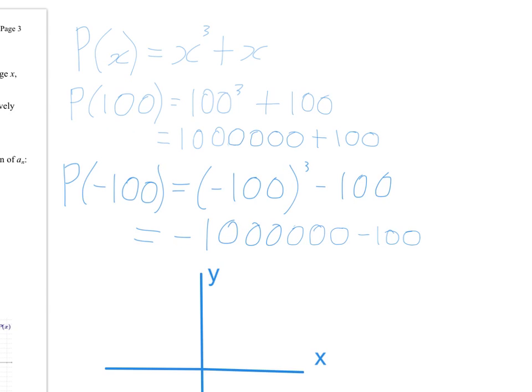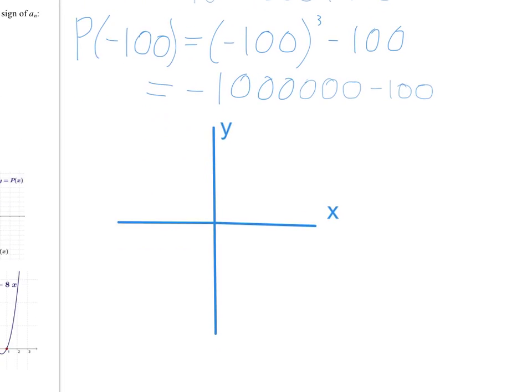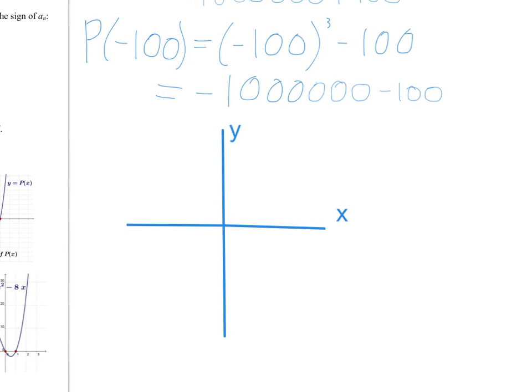When x is a large number here, we get a large positive number. When x is a really negative number, we end up with a really negative number. And then if we were going to graph that, we have to start off way down on the bottom left, because after all, a negative value of x gives a really negative value of y.